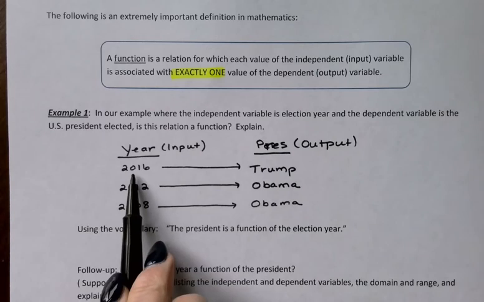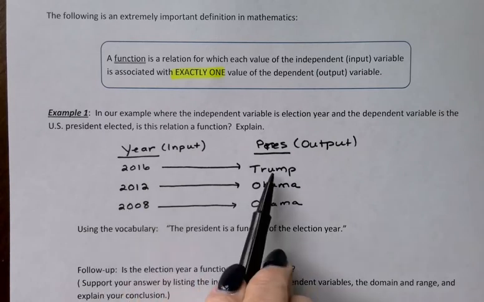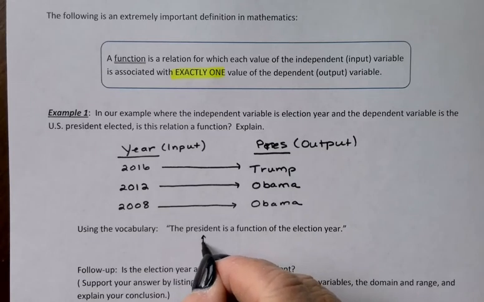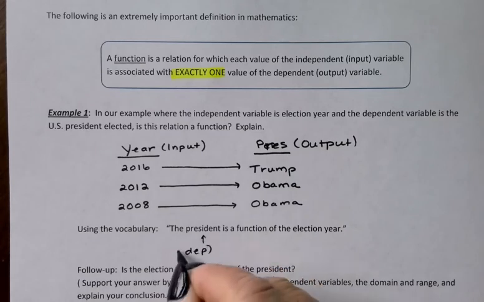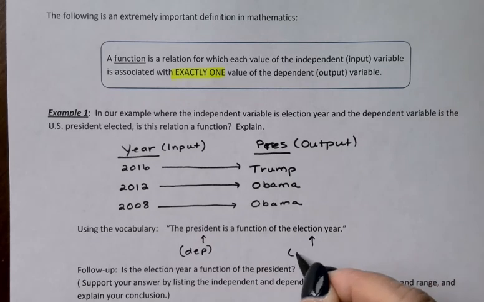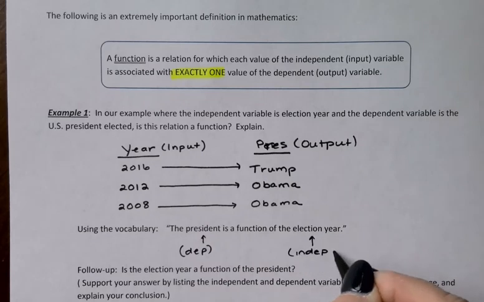It's just that for each input, there has to be a single unique output that goes with it. We could now say, using our vocabulary, that the president is a function of the election year. That is, the dependent variable is a function of the independent variable.